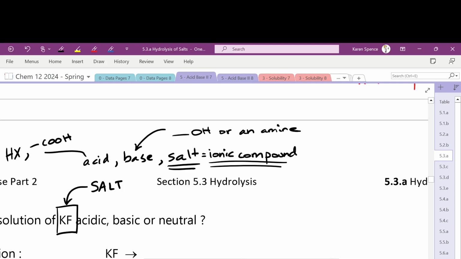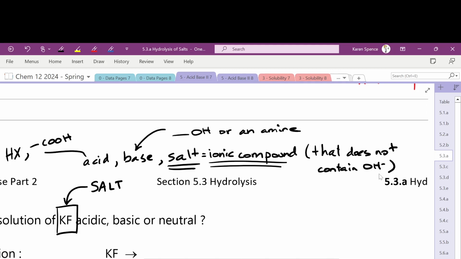Because if it contained hydroxide, it would be a base. So basically all ionic compounds are salts, except if it contains OH. All salts are ionic compounds. They mean the same thing.